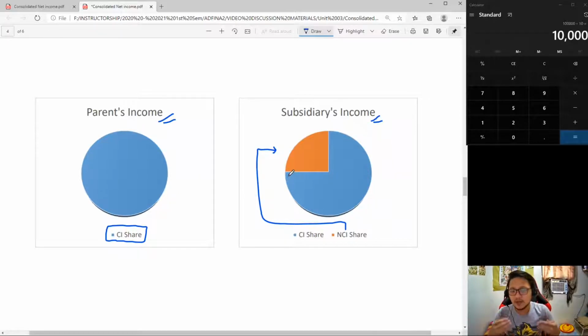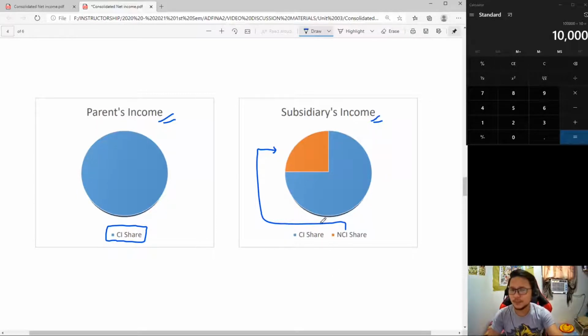So kapag nagkaroon ng sharing ng income, NCI will only share 25% of the subsidiary's income. The remaining 75%, that is controlling interest share. In short, the highlighted blue area, that is your profit attributable to parent. And then this orange area, that would be what we call the non-controlling interest income.